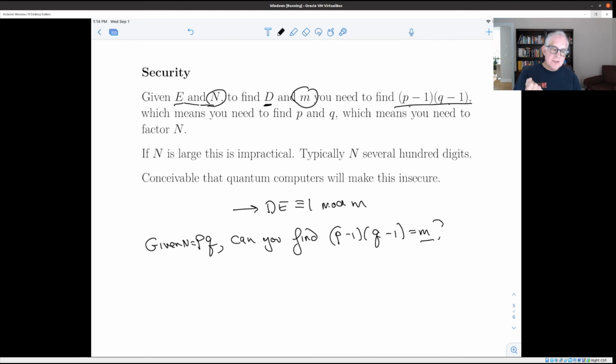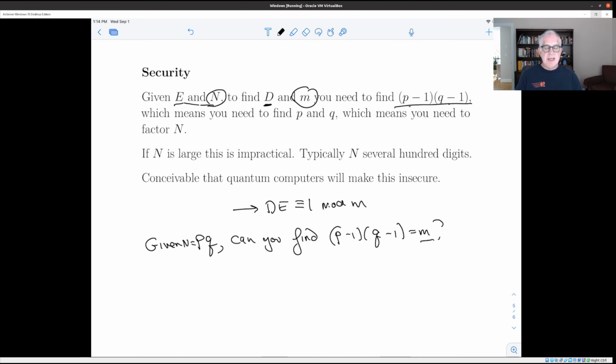So at the heart of the security of the RSA algorithm is the question, if you have a number n, which is a product of two large prime numbers, can you find those prime numbers? Can you factor n? And as far as we know, this is impractical if n is large.